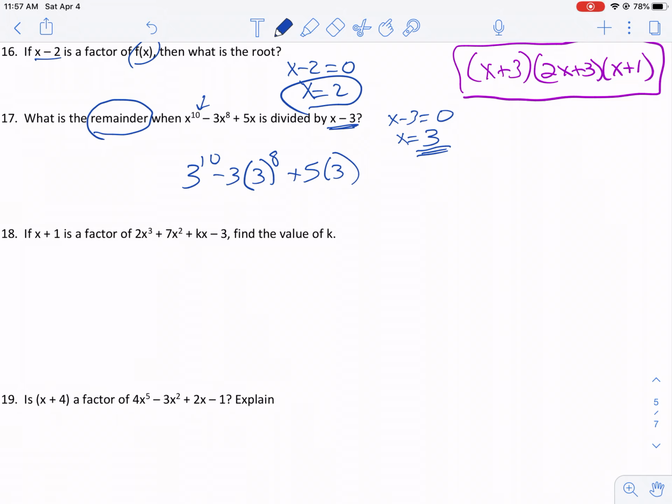3 to the 10th minus 3 times 3 to the 8th plus 5 times 3, and I messed up again because of this calculator. Hang on, messed up again.